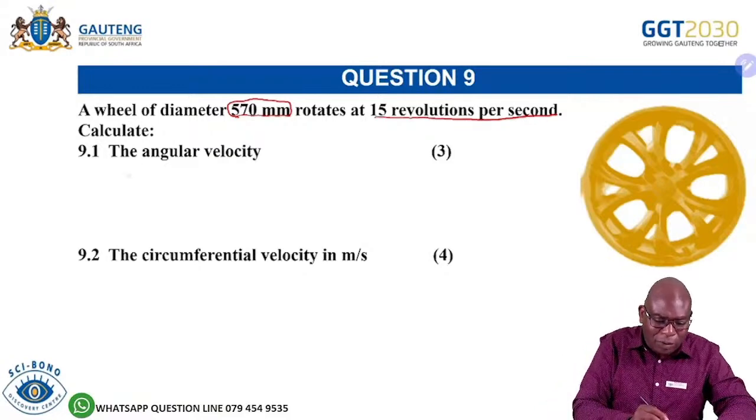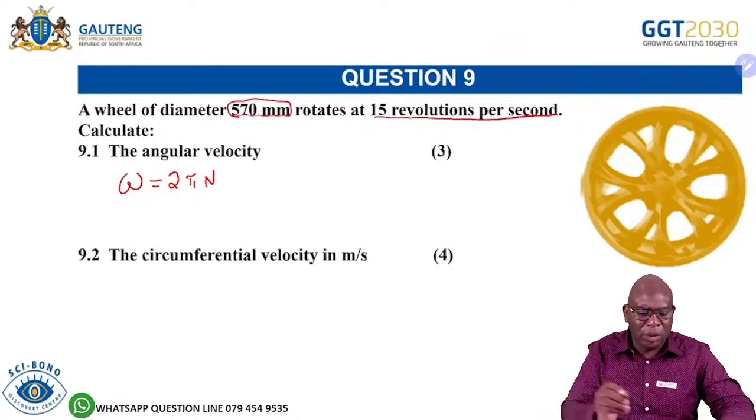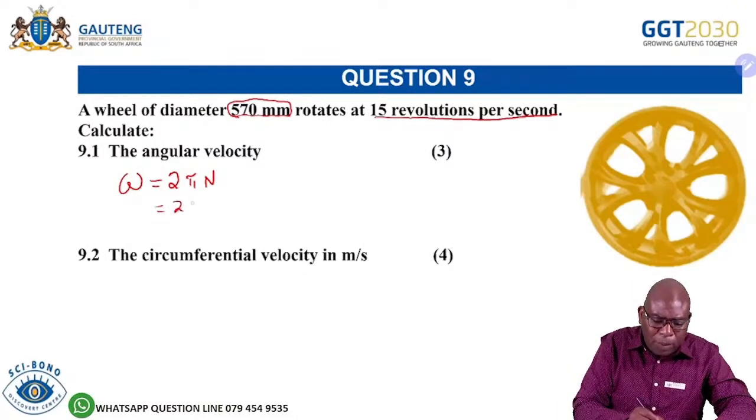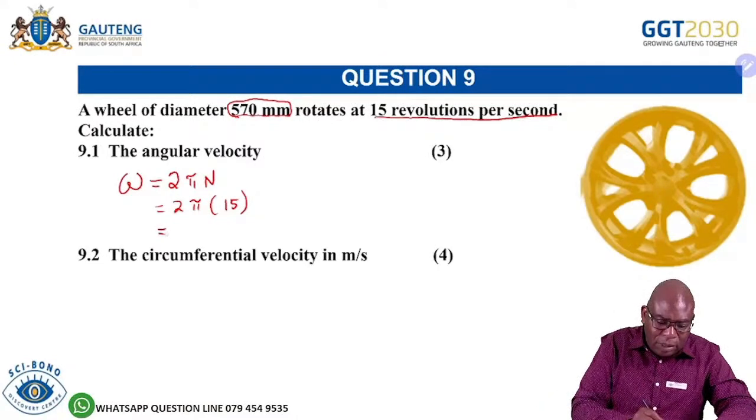The angular velocity, remember, only deals with revolutions per second. So my formula is there. It's not W, please. It is omega. Omega is going to be 2 pi n. You only substitute your number of revolutions. So you'll have 2 pi multiplied by 15. The revolutions is already per second, which means that will be 30 pi revs per second.